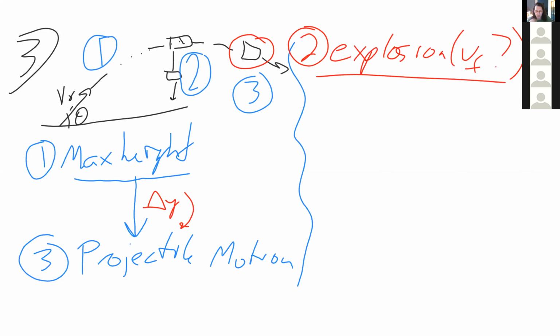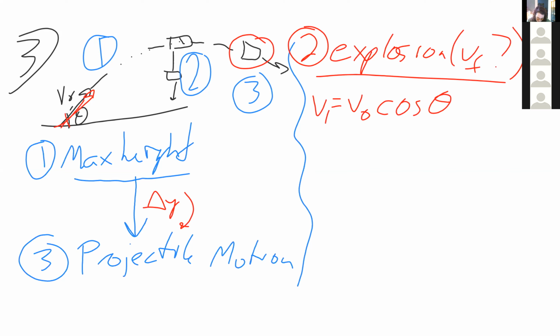Okay, so I have a shell. My shell is moving with this initial velocity at this angle. Since I'm up at the max height, I know that my velocity there is just entirely the x component of that initial launch velocity. So that speed will just be v initial times cosine of the angle theta, whatever it happens to be.